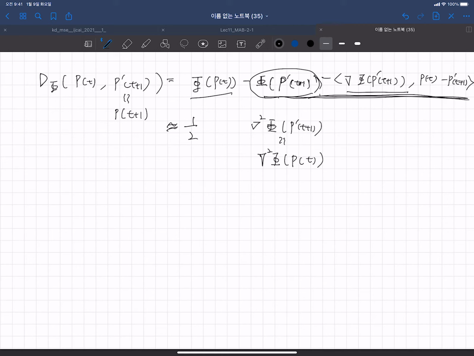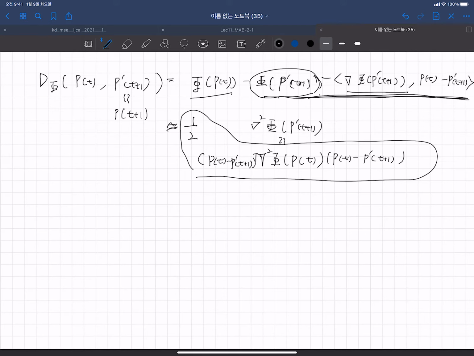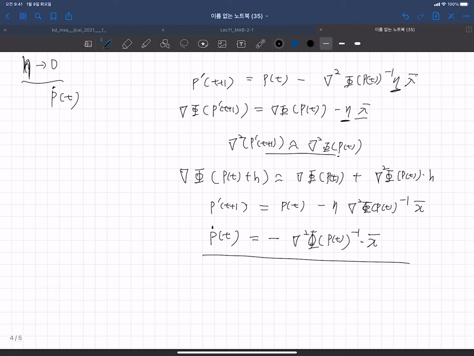So, what is the difference? The difference is pt minus p prime t plus 1 here, and pt minus p prime t plus 1 transpose. Okay, so that is the lovely Bregman divergence between pt and p prime t plus 1. And from the previous page, we know p dot t, the infinitesimal difference at time t when you use a very, very tiny step size.